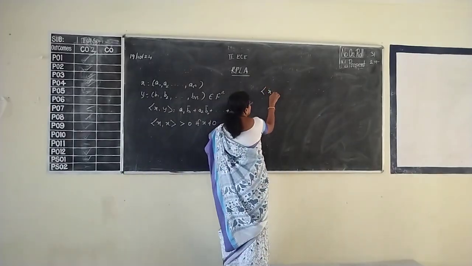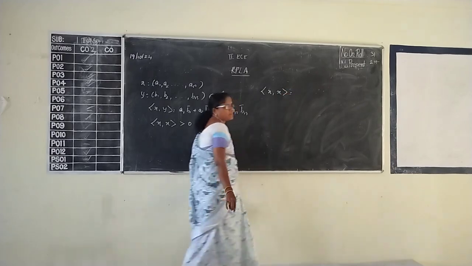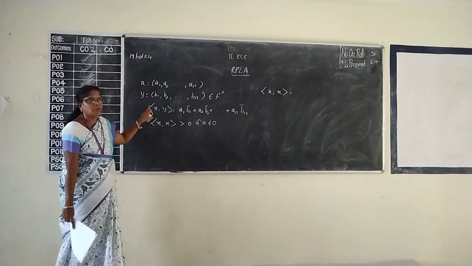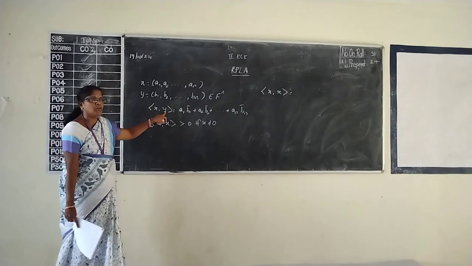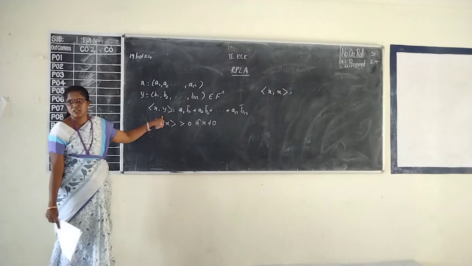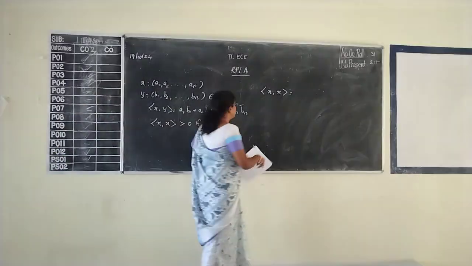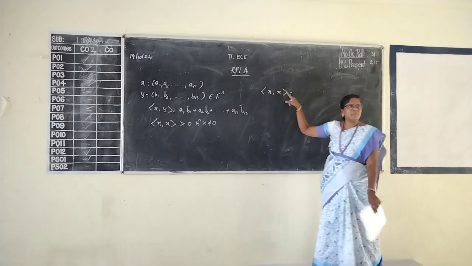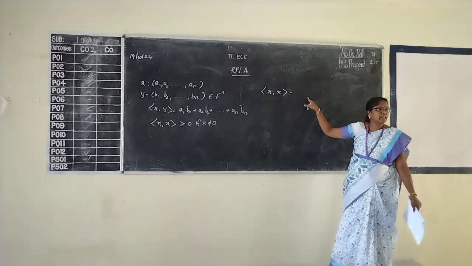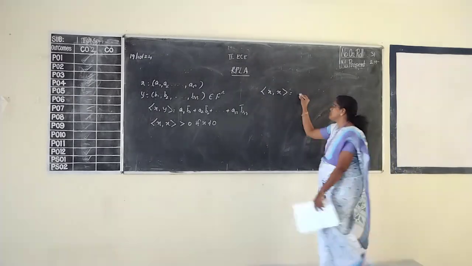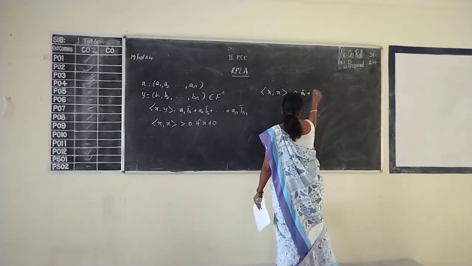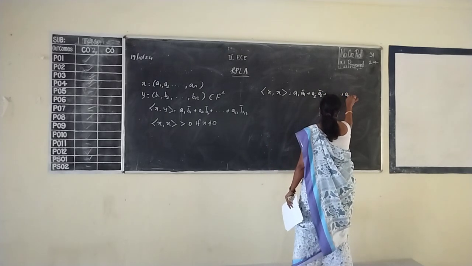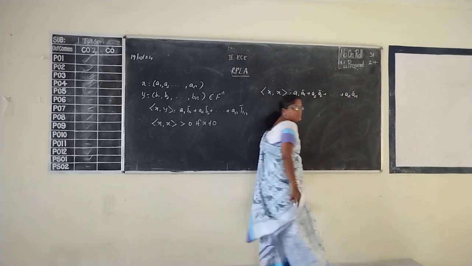Now we have to define what the inner product of x comma x is. You know how the elements are in x and y and you know the definition. Now instead of y we are going to replace it with x itself. This is the definition of inner product given. Now we write the inner product of x with x itself: a1 a1 bar plus a2 a2 bar plus etc. an an bar.